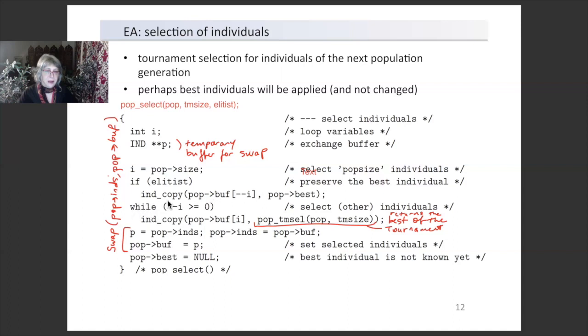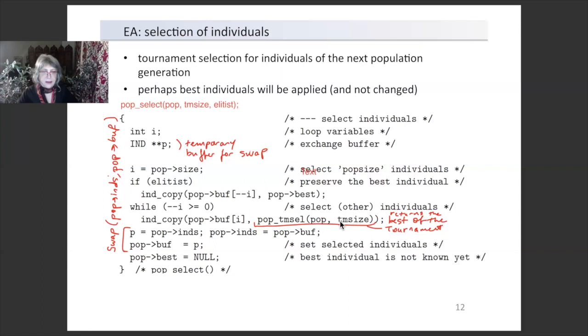While we are each time decrementing I by 1, and we are comparing if it is still greater or equal to 0. If it is the case, we continue in the loop. We apply individual copy from the population.